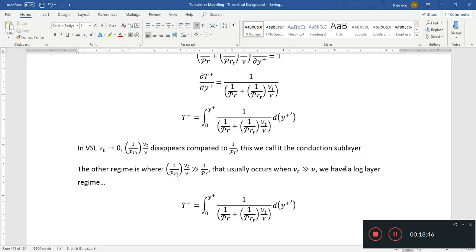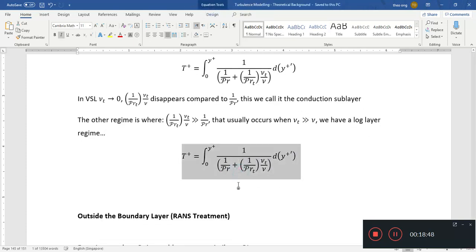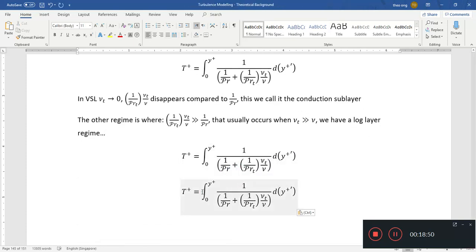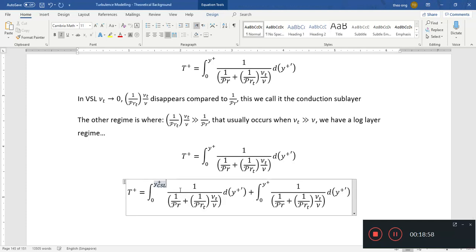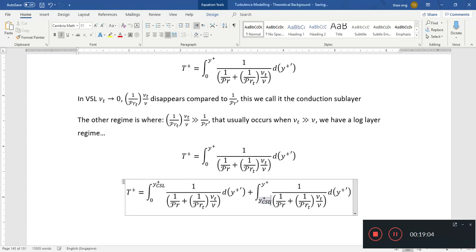Okay, so let's break this up into two integrals. The first integral is to the conduction sublayer, and this is from Bejan's book. The second is from the conduction sublayer onwards.